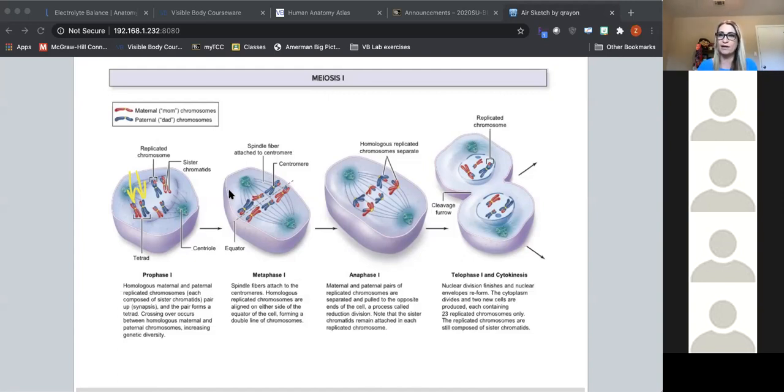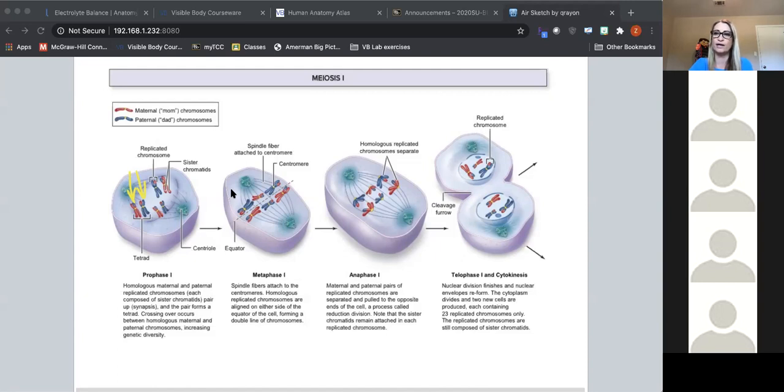This is followed by anaphase 1, and anaphase 1 is going to pull the homologous pairs apart. This is not splitting the sister chromatids yet, it's just pulling the pairs apart. And then anaphase 1 will be followed by telophase 1 and cytokinesis.